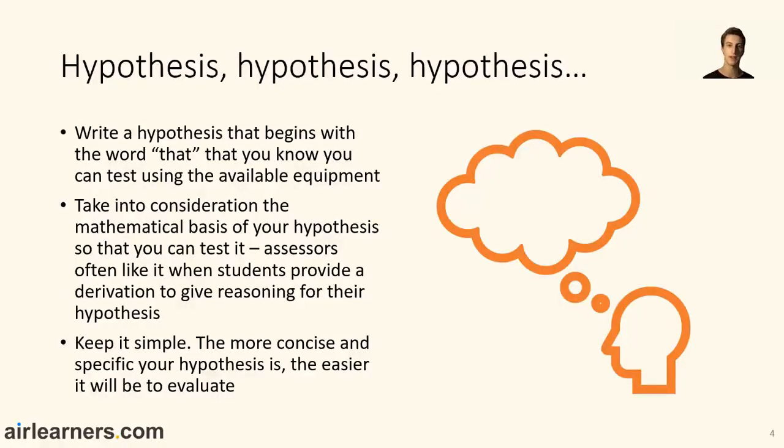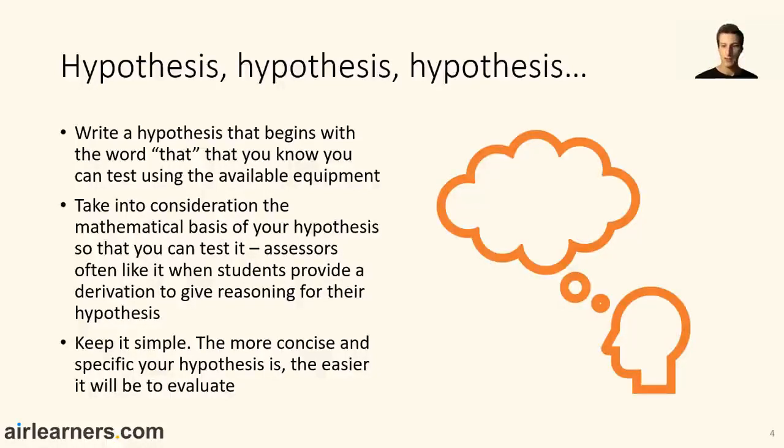Having some idea of the proof as to why it should be the case is very valuable, and not only helps when you're evaluating your experiment, but also when you're processing your data. Lastly, and perhaps most importantly, keep it simple. A simple hypothesis is one that is concise and accurate and specific, and that really does help when it comes to analysing and testing your hypothesis.